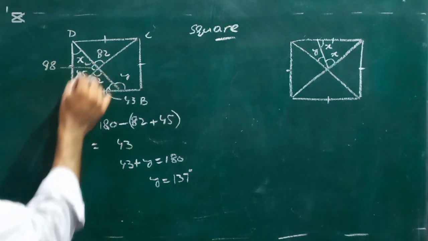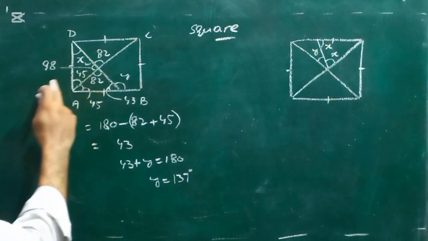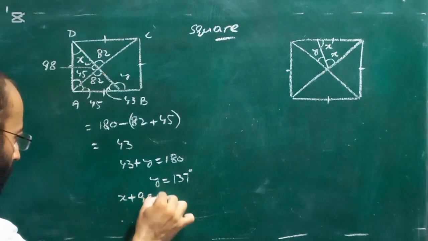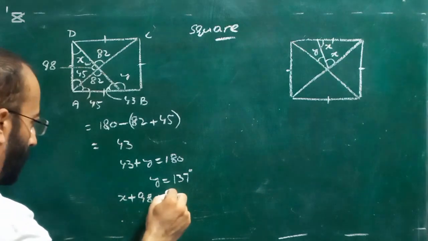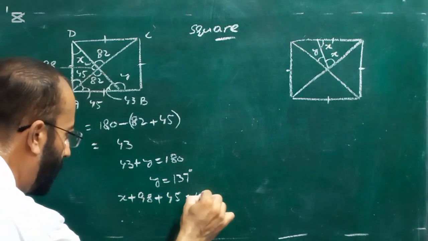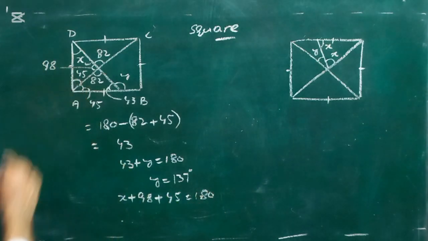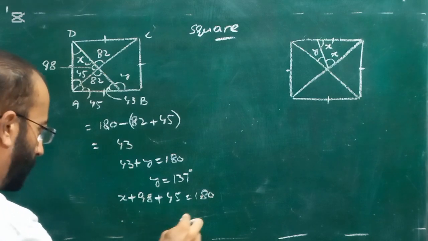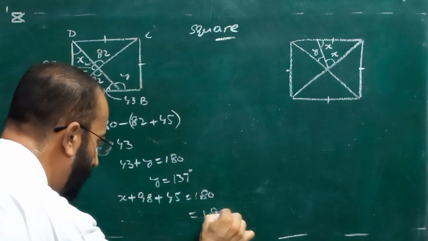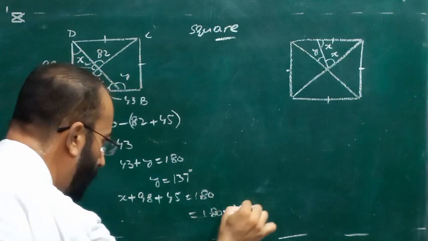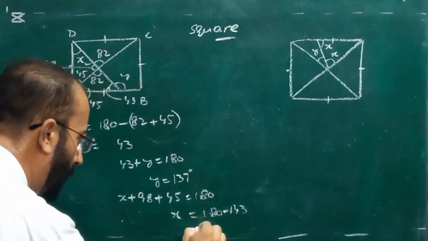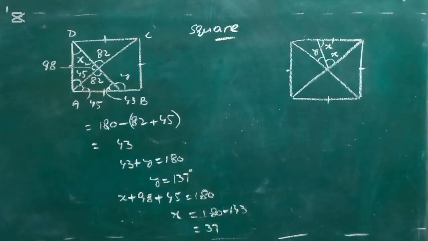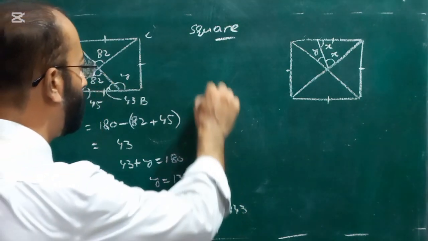If you come into this triangle, x plus 98 plus 45 should be equal to 180 degrees, because the sum of the angles of a triangle is 180 degrees. This will make 143, which will be subtracted from 180. So the answer will be 37. Okay, this figure is done.